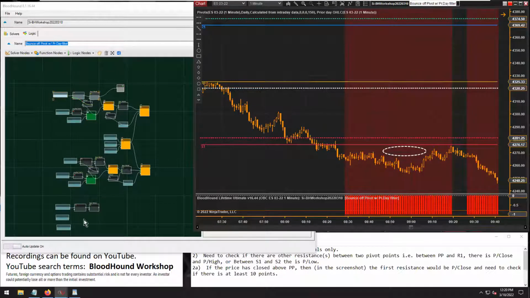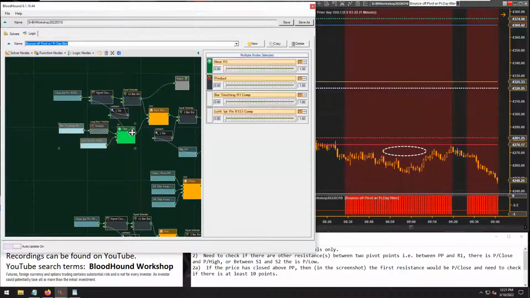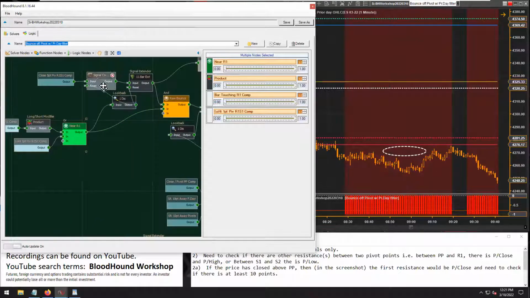So we actually need a separate set of logic for S1, because the touch logic only works for R1. Also, if you remember, the OR node is going into our look back and resetting our signal counter and signal extender.